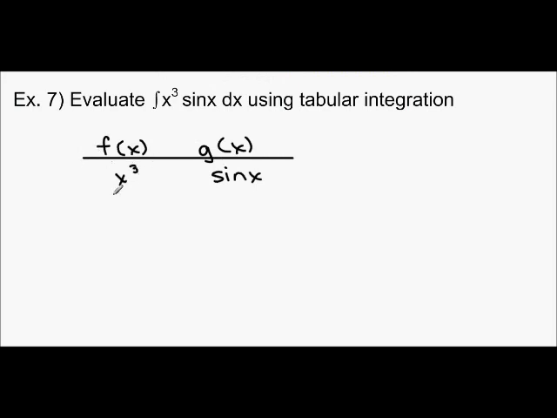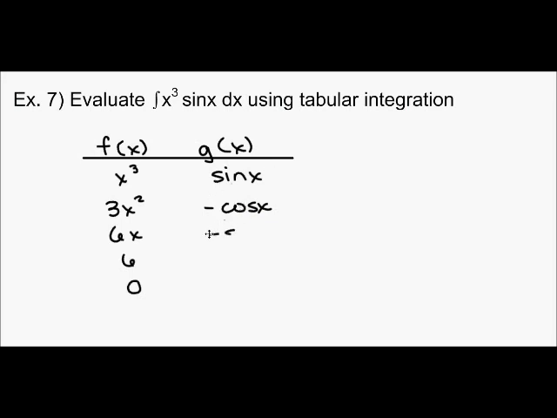So my derivatives of x cubed, first I have 3x squared. Next in line, 6x, 6, and 0. Over here, the integral of sine x is negative cosine x. So looking at antiderivatives, basically.